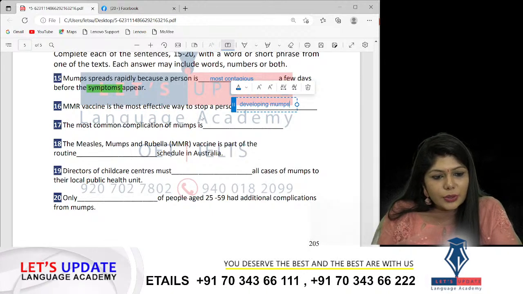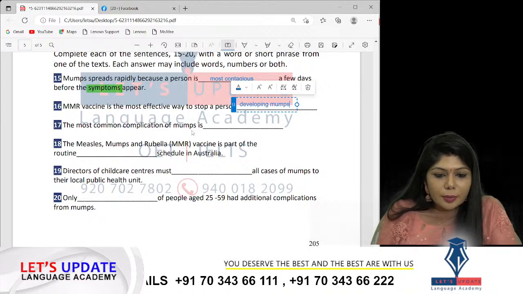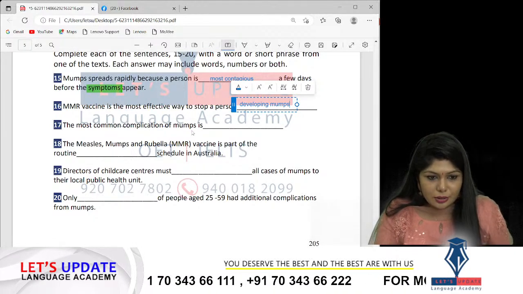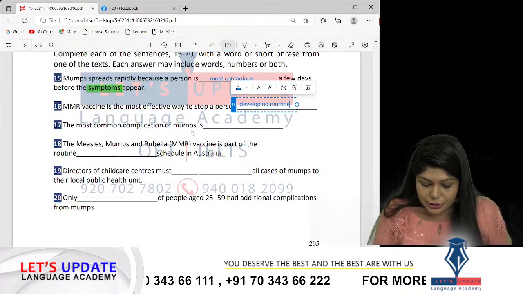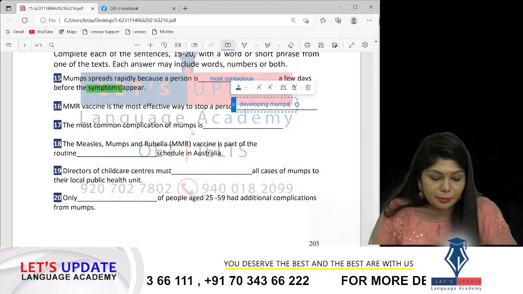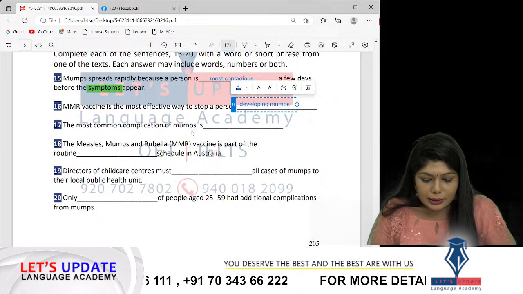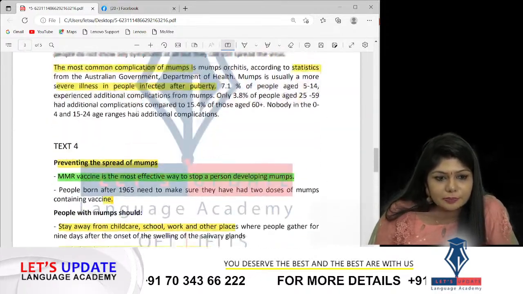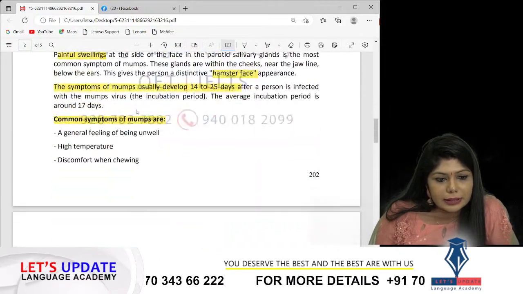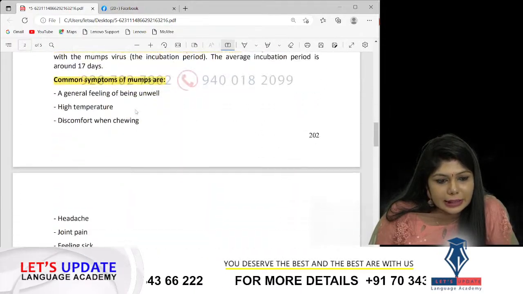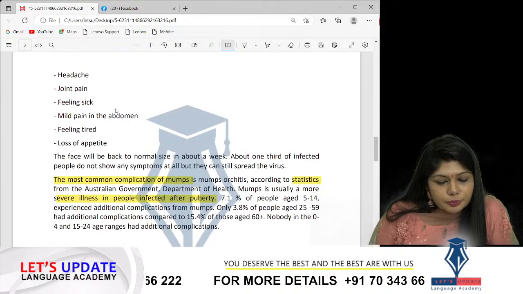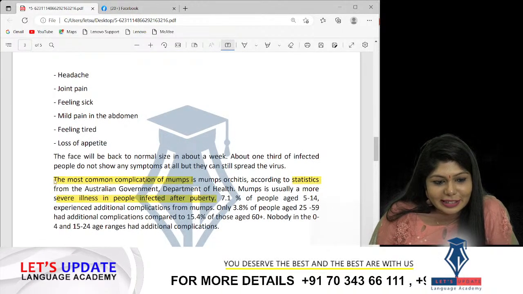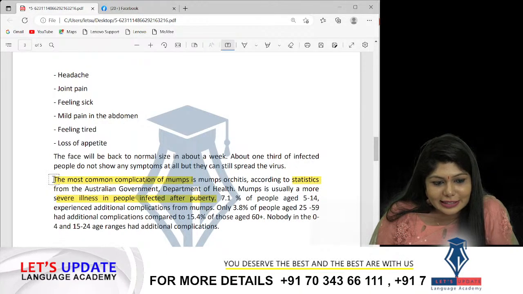Okay, moving to the next question. The most common complication of mumps is dash. Most common complication. So, complication. Where is that information? We have discussed that information, I think in the symptoms section. Yes, I think in text 3. Yes, you can see this information here, and here it is.